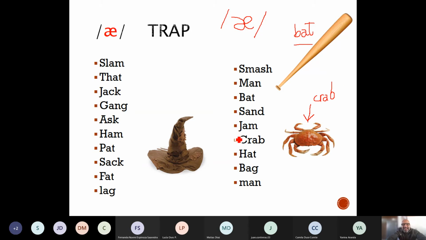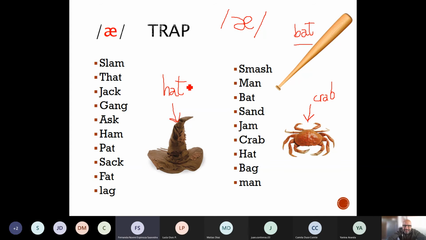I don't know. This one is a hat. Very similar to the one that chose Harry Potter's house, I don't remember the name of the house.